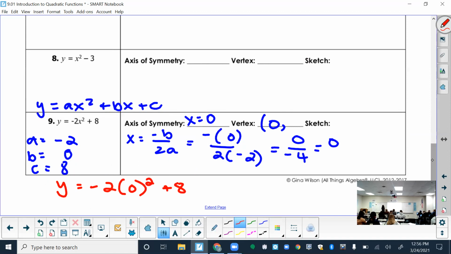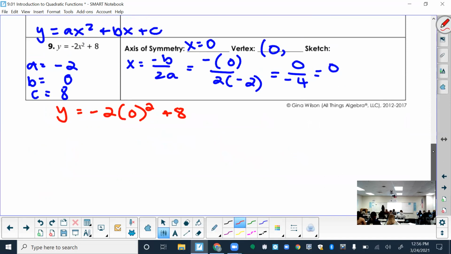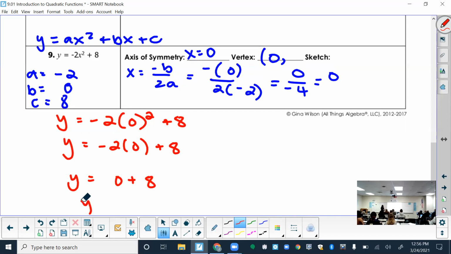Right? So calculate y by plugging in x. Right, what do you get for your y value?